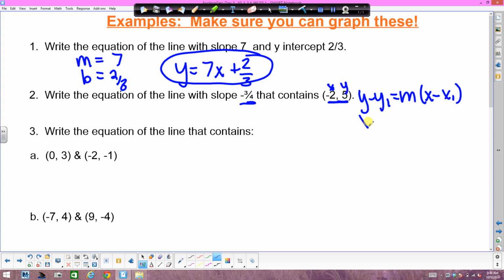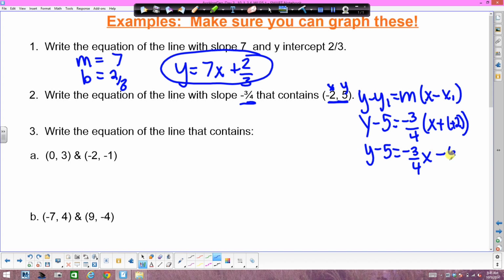So we're going to have y minus 5 equals, and we know the slope is negative 3/4, times x, and then minus negative 2, which we know is really positive 2. So on the left side, we still have y minus 5. I'm going to distribute the negative 3/4 and get negative 3/4 x. And then remember, minus a negative is really adding a positive 2. So negative 3/4 times positive 2 is negative 6/4.